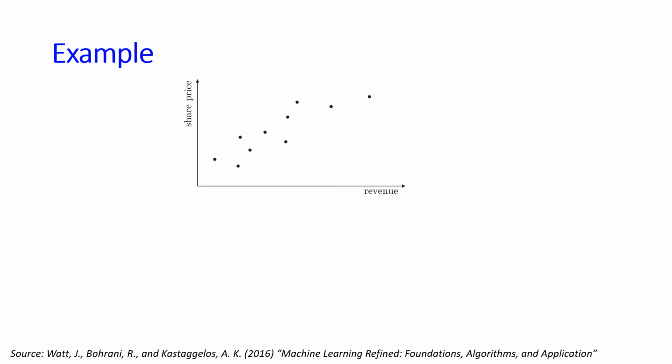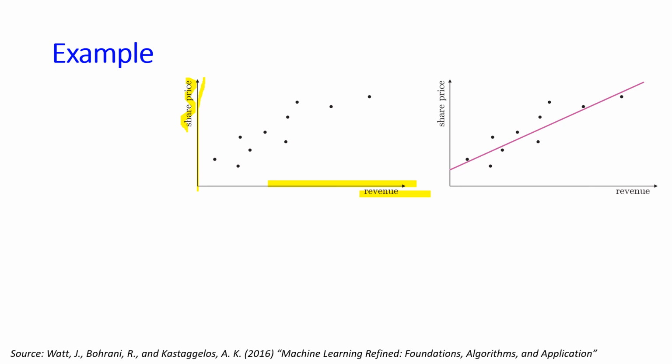Here's an example case where we may apply the linear regression model. First, we notice that we have data points where the x variable is the revenue and the y variable is the share price. And then we see that there's kind of a pattern here, which is that if the revenue gets larger, the share price tends to get higher as well.